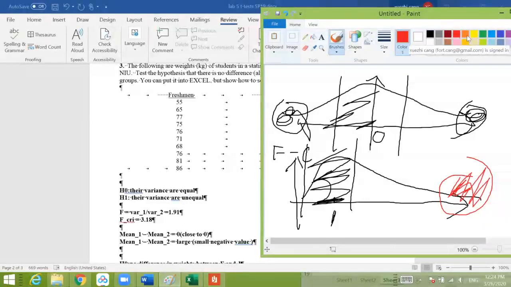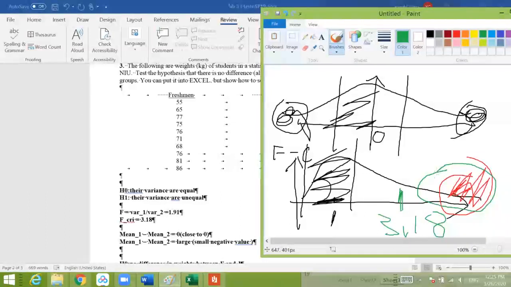The critical value, I will use the green marker here, is 3.18. If your F value is greater than 3.18 here, which means you should reject your H0, you should reject your null hypothesis. But here, our calculated F value is 1.92, which is smaller than 3.18.